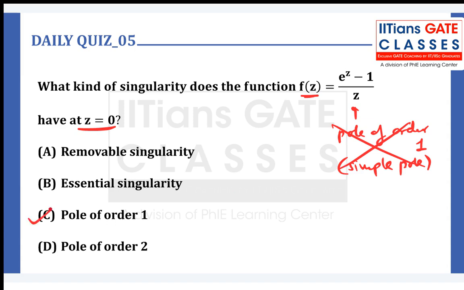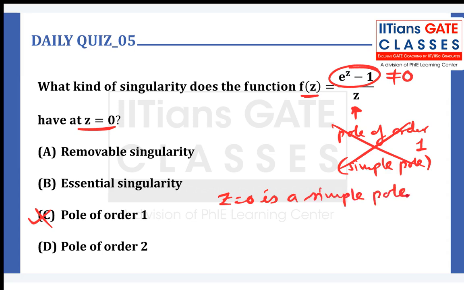Why? Because z equal to 0 is a simple pole only if the numerator function is not 0. Only if this numerator, which is e power z minus 1, is not equal to 0 at z equal to 0.